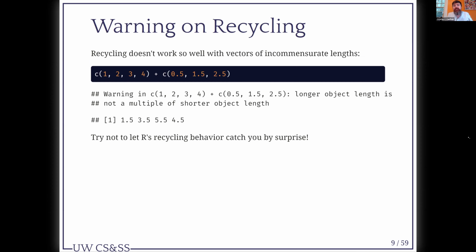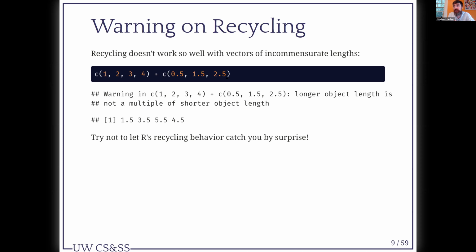You can do vector recycling on things that have incommensurate lengths. That is, a larger object and a smaller object that don't evenly divide into each other to be the same length. For instance, a length 4 vector and a length 3 vector can be added together. But the recycling is a little bit weird, and R gets slightly upset about this.